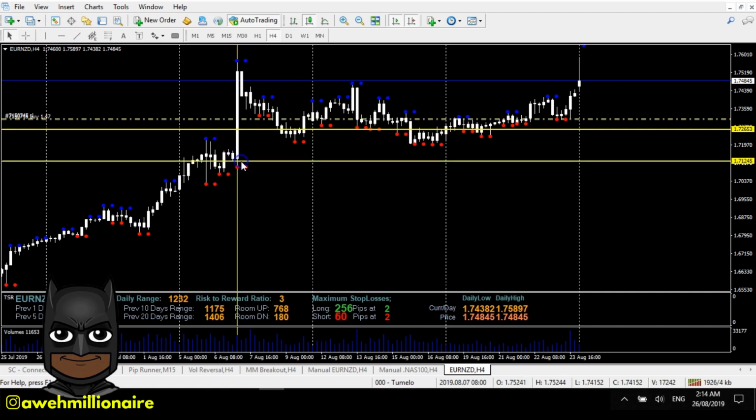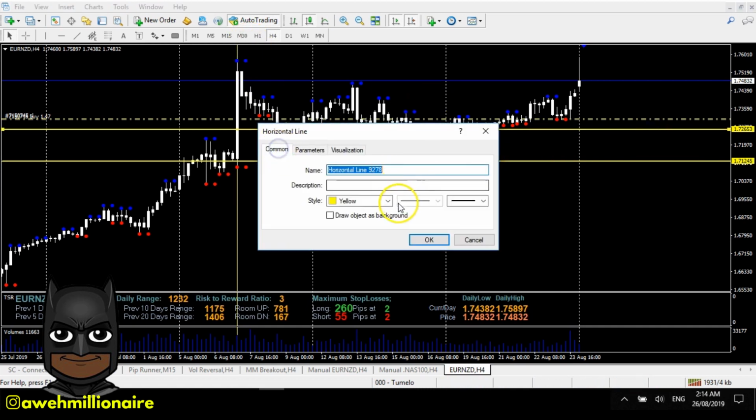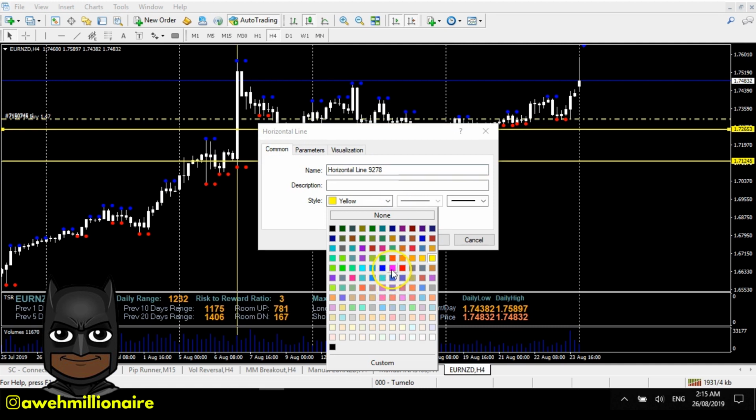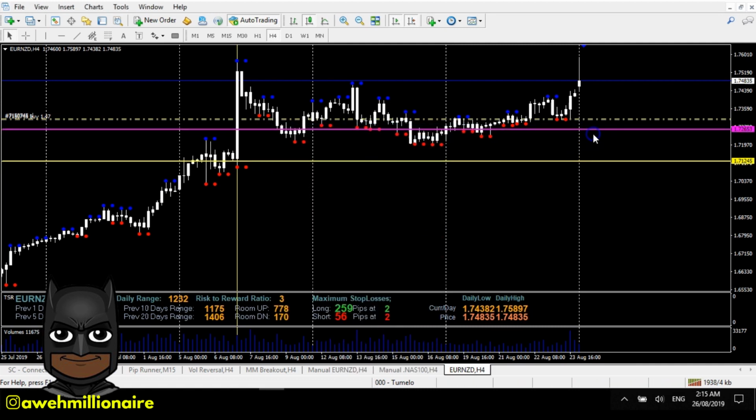I'm not going to get into too much detail on how to draw the demand level, so let's actually do this. We'll change this color over here for the key level of support and resistance. Now we have the demand level over there with the support of the volume.